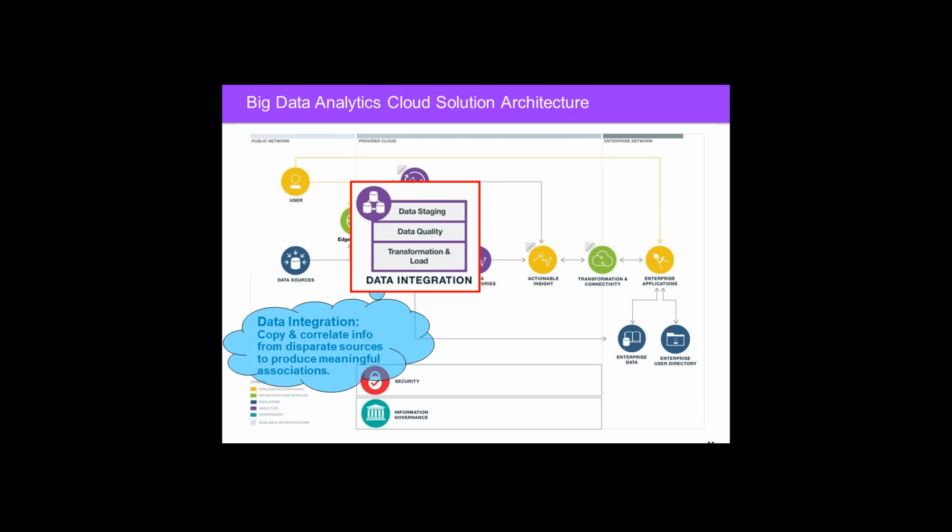The data quality component here speaks to the type of quality checks, sanity checks, or establishment of data veracity that's being done before the data gets ingested into the data repositories. And you may wish to do this for a wide variety of reasons. Typically, in today's world, when you're integrating your analytics solutions with third-party or internet data, you really cannot trust the veracity of the data.